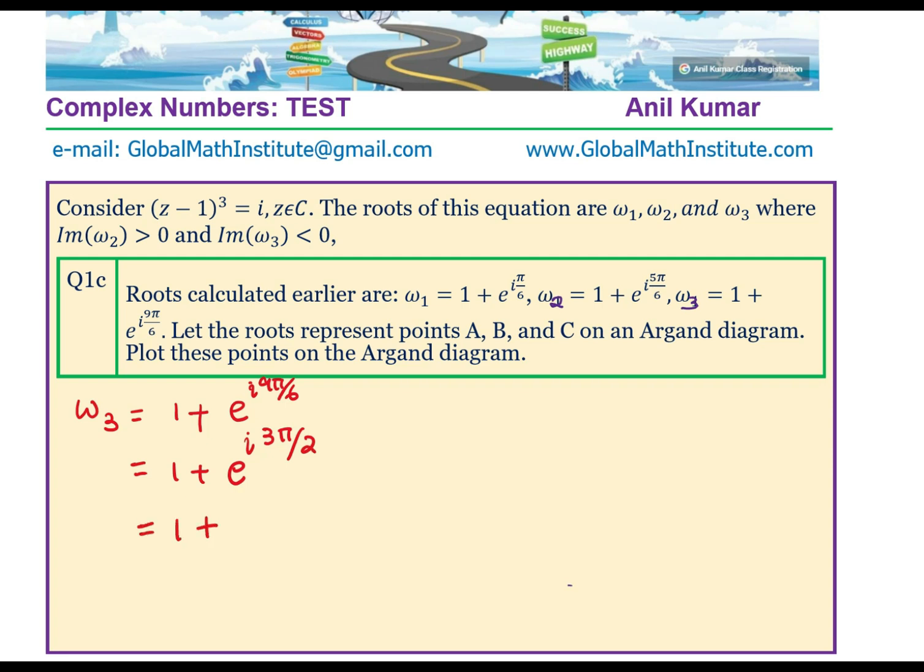So which is 1 plus cos of 3 pi by 2 plus i sine 3 pi by 2. Cos of 3 pi by 2 is 0, so the real part is 1. Cos is 0 and sine is negative.